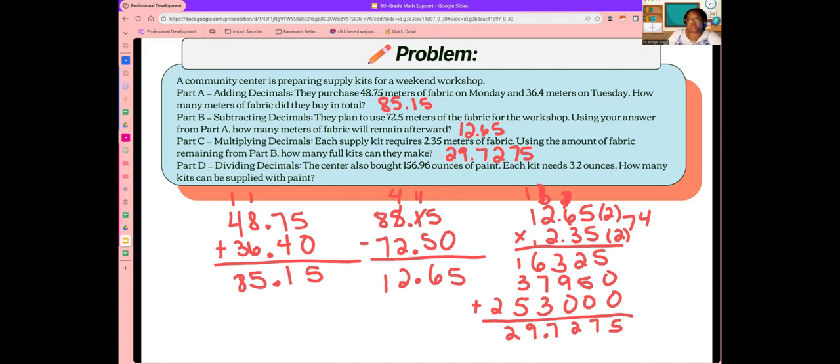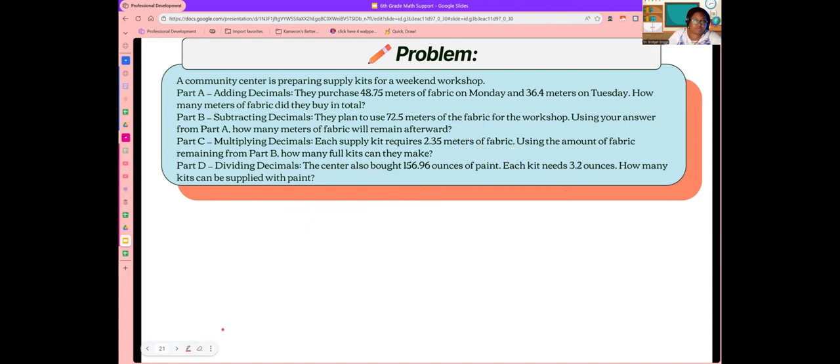So this one does not have anything to do with the other numbers. This one is a fresh problem. So I am going to now erase what I have here. All right.